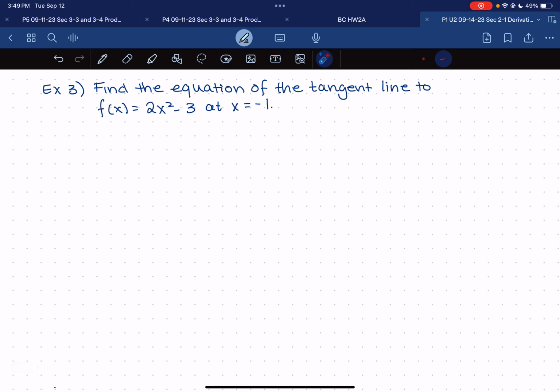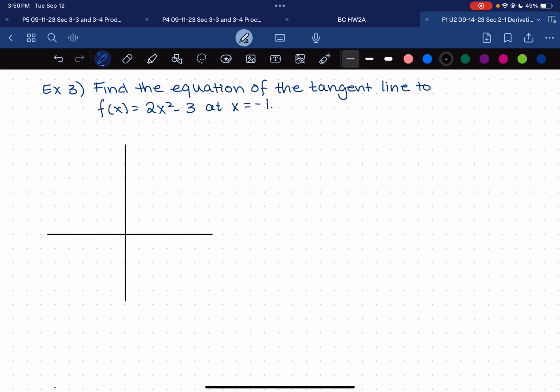So what if I said, find the equation of the tangent line to f of x equals 2x squared minus 3 at x equals 1. So let's see if we can just do a rough sketch to get an idea of what's going on here. I know that the function is a parabola, and it's a parabola that, if we take y equals x squared, has been stretched vertically by a factor of 2 and shifted down 3 units.